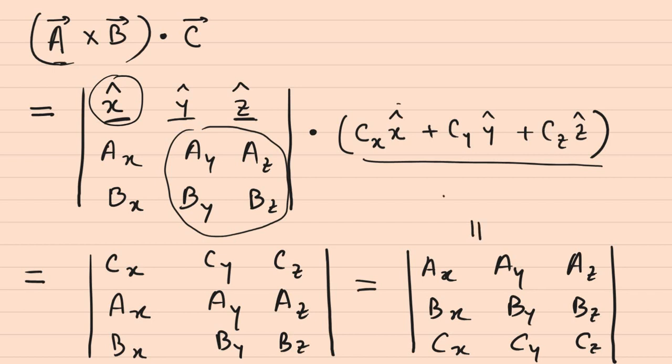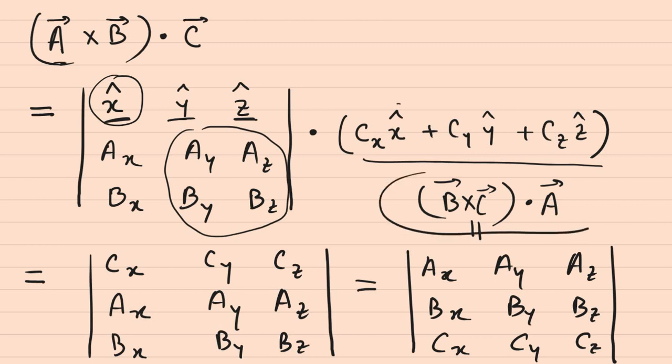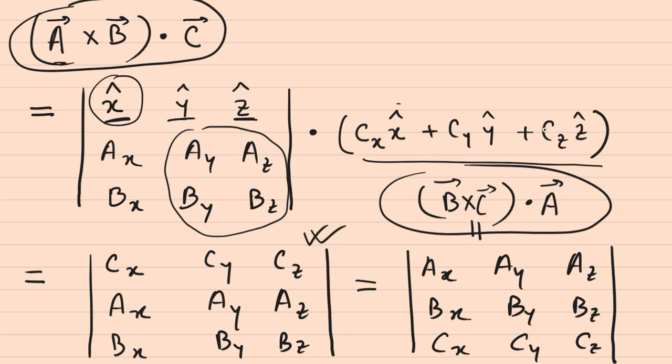Why? Because this is going to be b cross c dotted with a. Upstairs we have written that this one here and that one here are equivalent, and this can be seen from these expressions, because this determinant can be shown to be equivalent to this determinant by simply altering the rows.